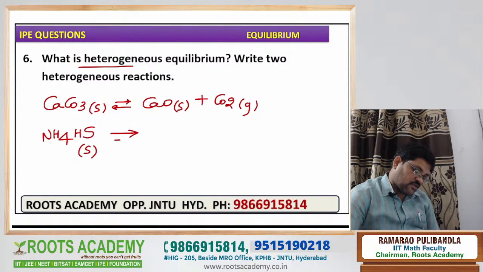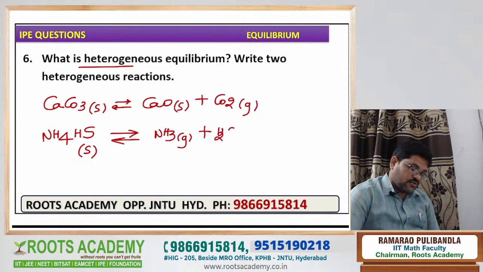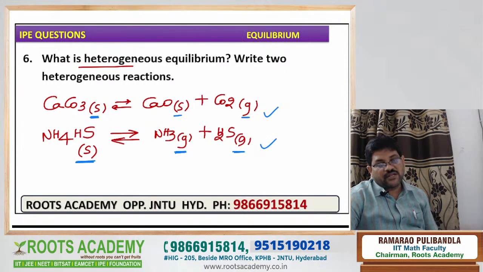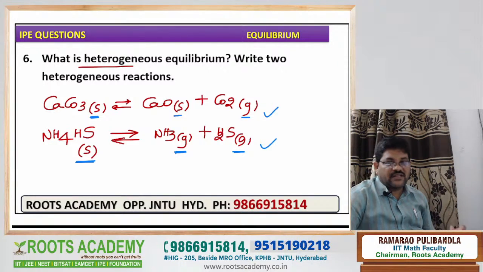On heating, you get ammonia gas plus H2S gas. Here ammonium hydrogen sulfide is a solid, ammonia is a gas, H2S is a gas. CaCO3 is a solid, CO2 is a gas. This is an example of a heterogeneous reaction, called heterogeneous equilibrium. That means reactants and products are in different states. Very good.